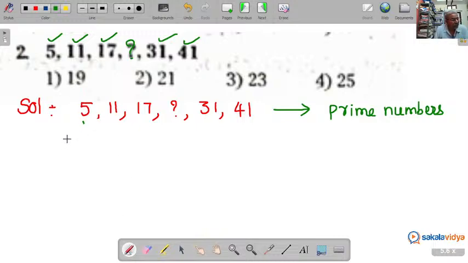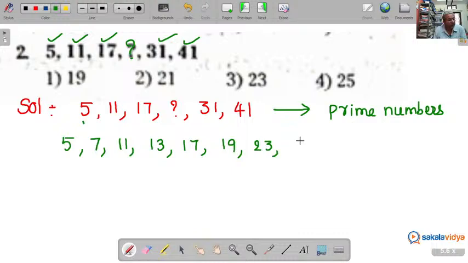Let us write 5, 7, 11, right, 13, 17, 17 after 19, 23, 29, next we have 31, next 37, next 41.